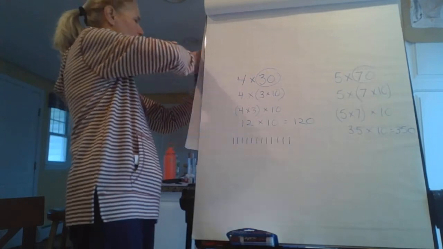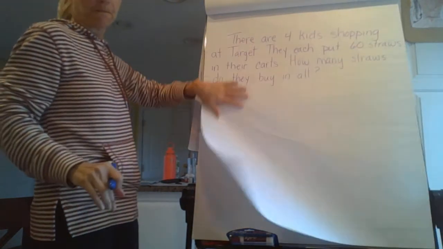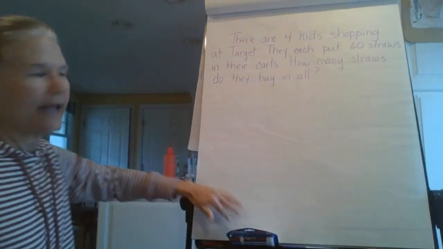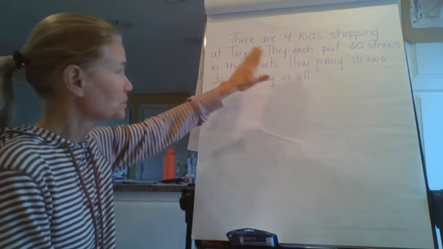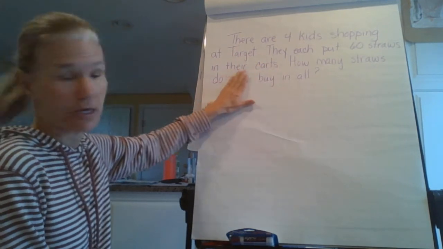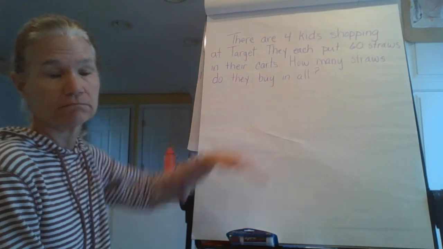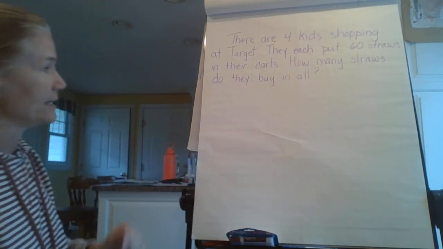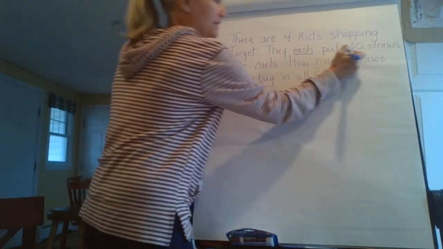Let's take a quick look at this problem. If we look at it, there are 4 kids shopping at Target. They each put 60 straws in their carts. How many straws do they buy in all? I can say they each put 60 straws.